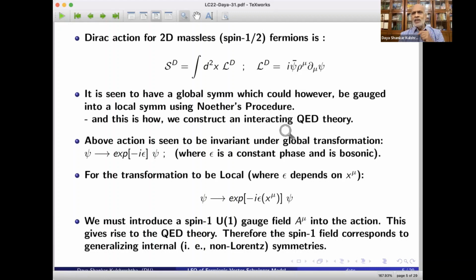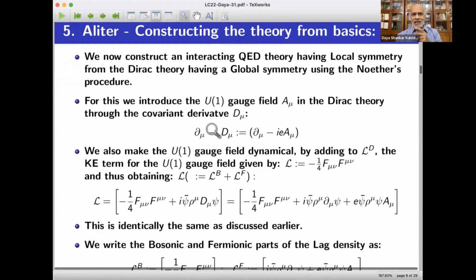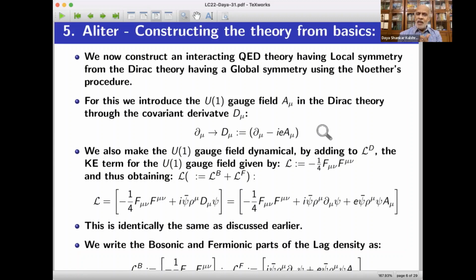So what I do is first replace my partial derivative del mu with the covariant derivative capital D mu, and I introduce a vector gauge field A mu here. Then this vector gauge field A mu would not be dynamical unless I introduce a kinetic energy term for this field.